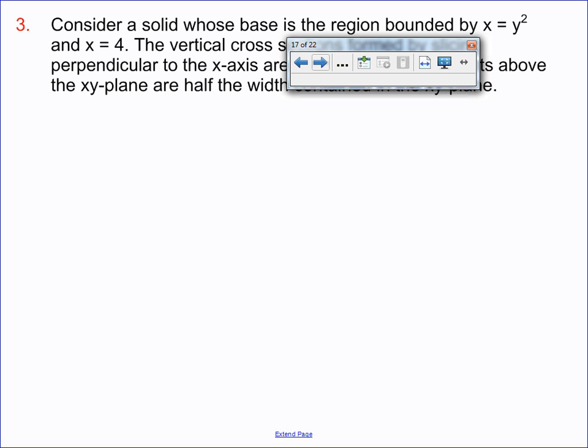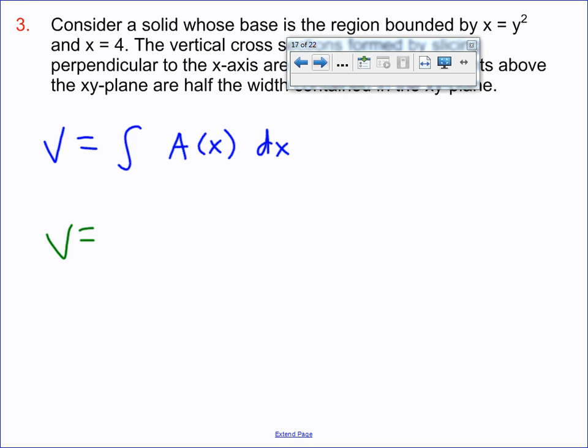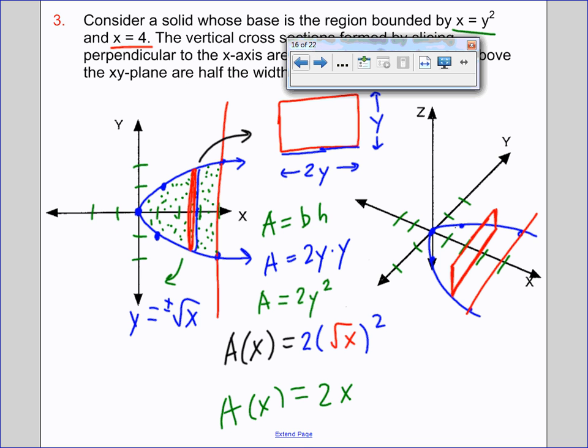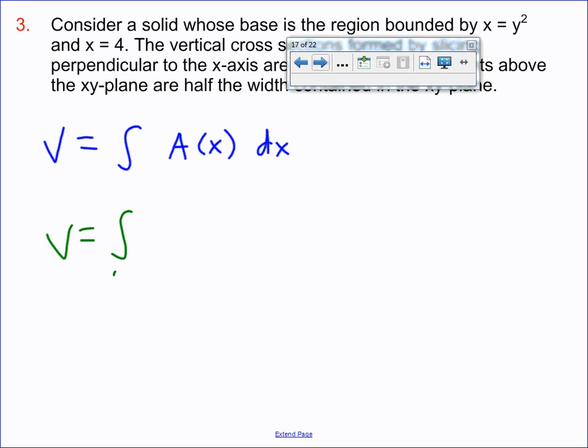Here we go. V equals the integral of A of x with respect to x. For us, V equals the integral from the least x value of my region, 0, up until 4. Good. A of x is simply 2x with respect to x. Oh gosh, we can do this on one page.